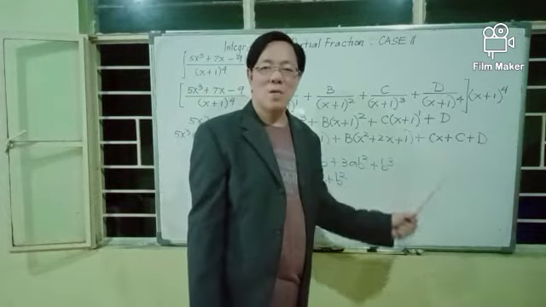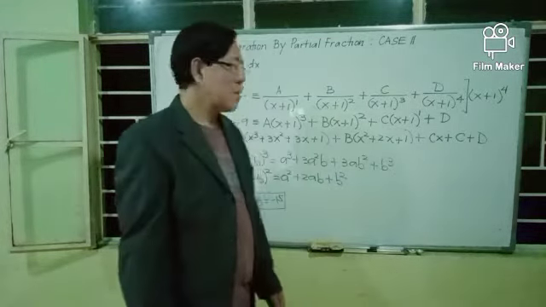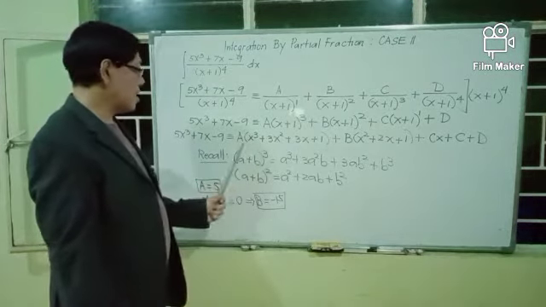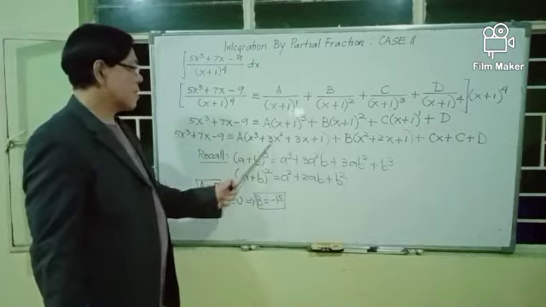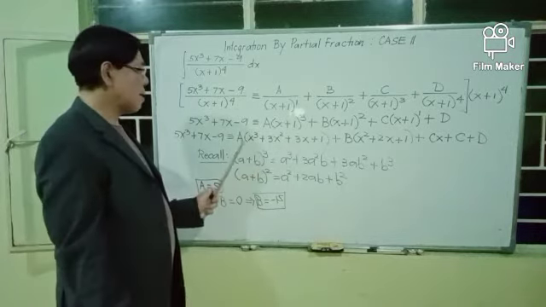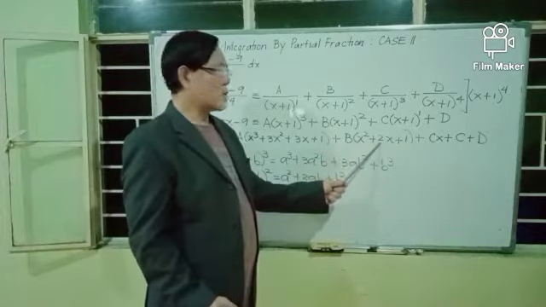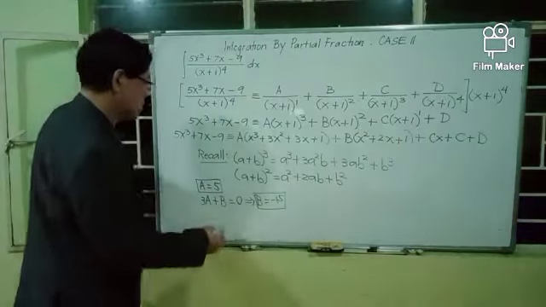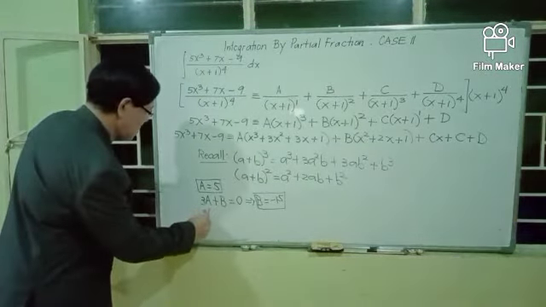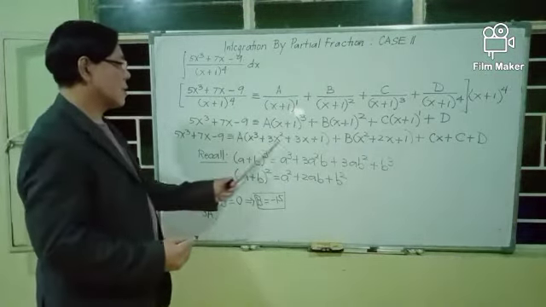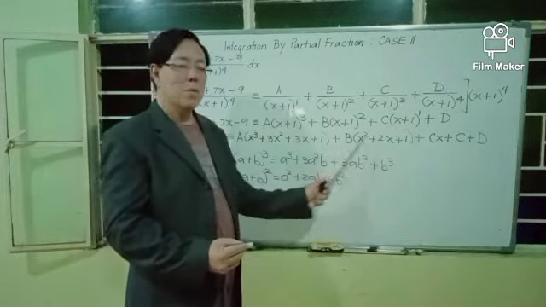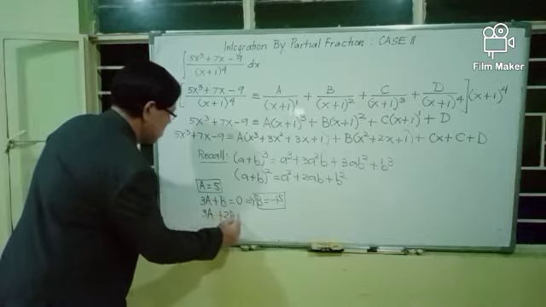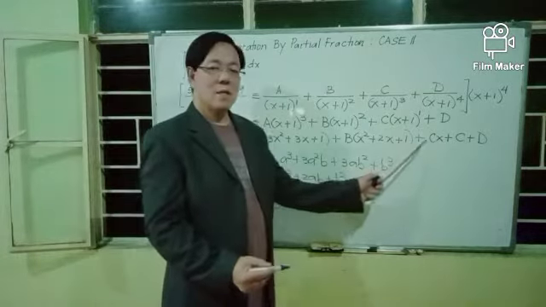And if you factor out x as the common factor, the coefficient of x will be 3a plus 2b plus c.